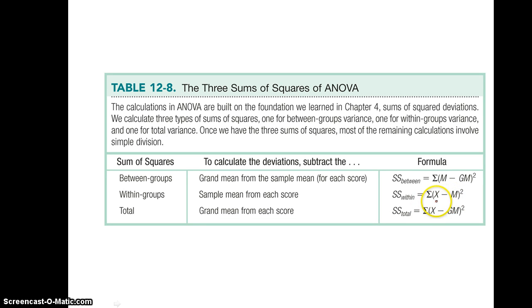We also take each individual score, subtract the mean, and square those deviations for sums of squares within. You can get the sums of squares total by adding sums of squares between and within. The other way to check your values is to add these two together and make sure it's equivalent to each individual score minus the grand mean, squared. You will get the same amount for sums of squares total.